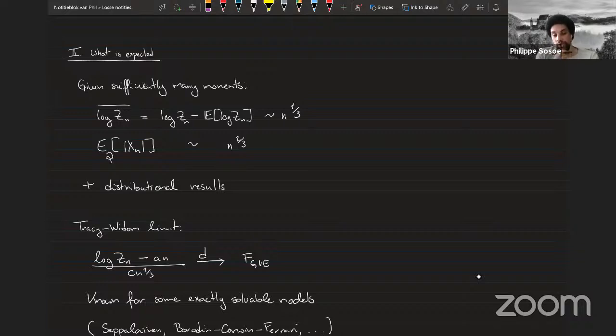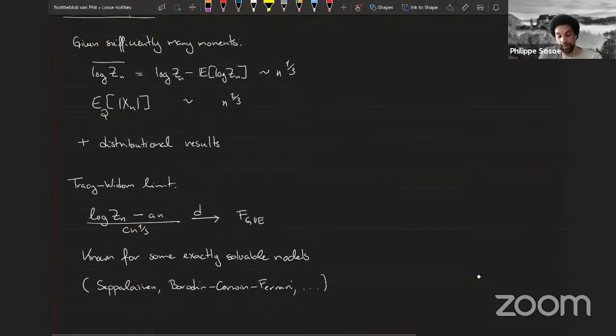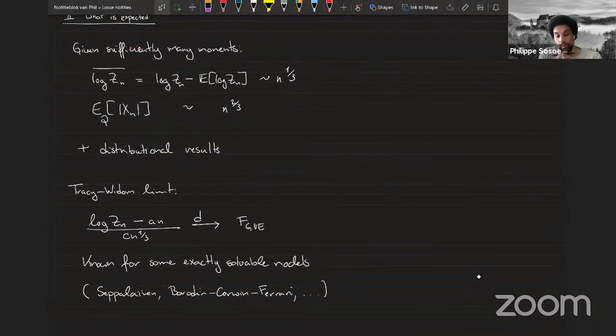There are also distributional results, so conjectures about what the distribution of the objects should be. In particular, the distribution of log Zn. Log Zn should be of order n, but once we center it, once we remove an asymptotic quantity of order n, and we divide by the typical size of fluctuations, n to the 1/3, it's expected that we converge to the Tracy-Widom GUE distribution.